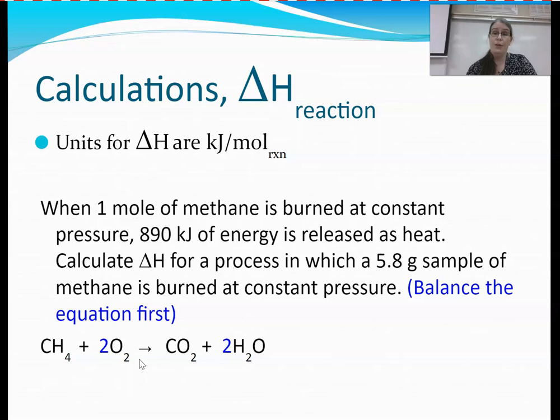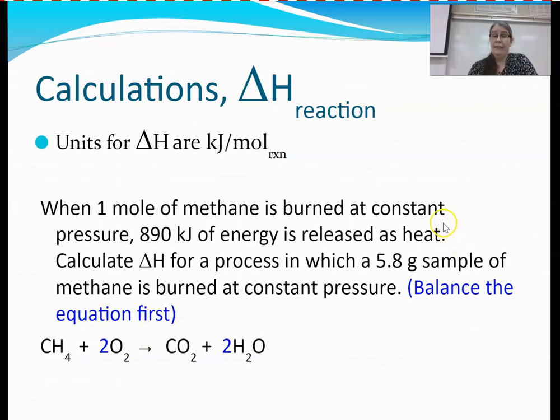This is really a case where using our units is going to be very important. So when I look at this problem, I see that 5.8 grams of methane is burned. But I notice that my unit here is 890 kilojoules released per mole.